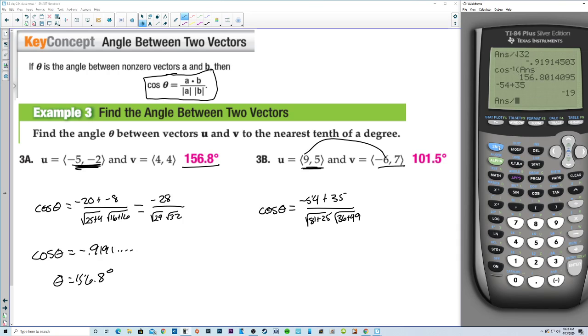We'll get that divided by the square root of 81 plus 25 divided by square root of 36 plus 49. All right, we got a number between negative 1 and 1. That's always good. Negative 0.200166. Keep on going. Now we're going to take the inverse cosine of that answer, and we get the 101.5. So theta is 101.5.